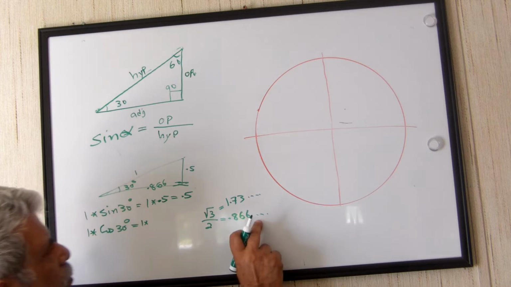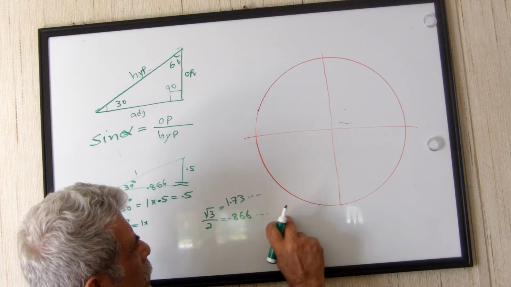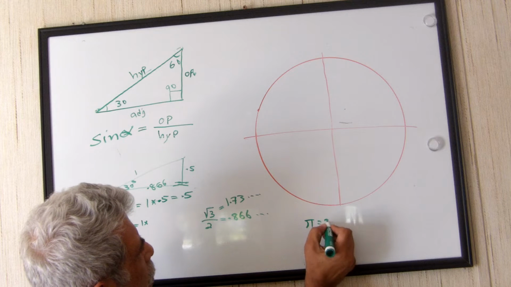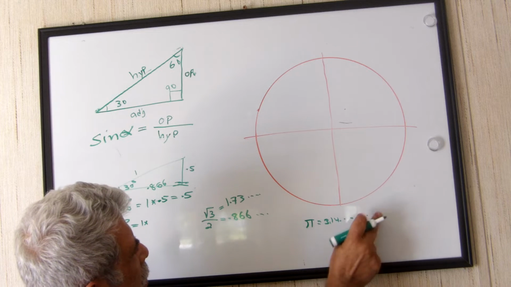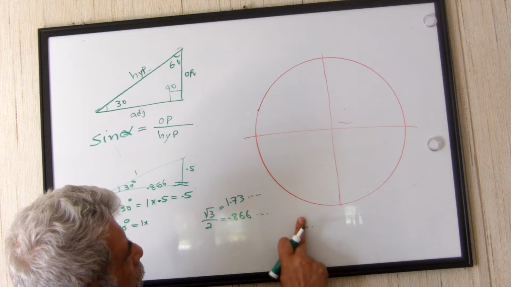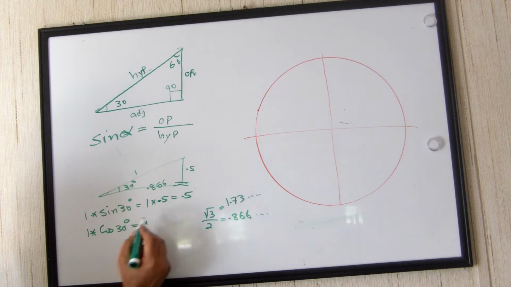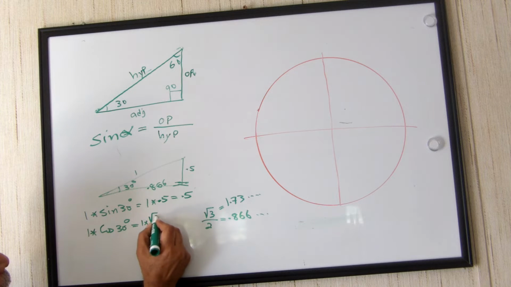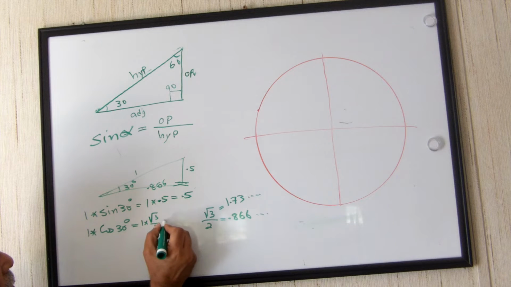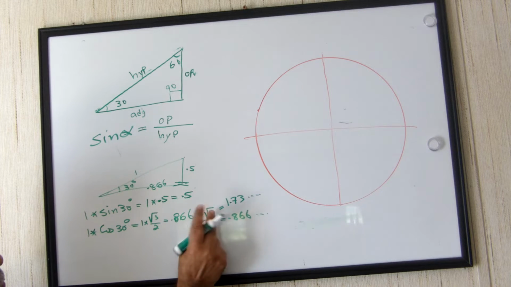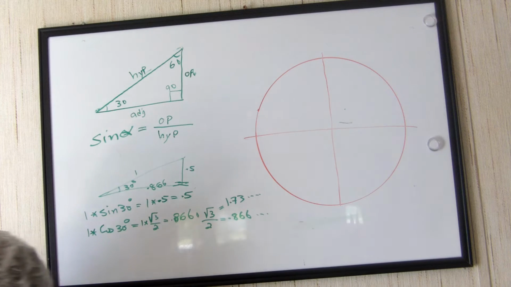It just continues, every time a different number, like pi, 3.14 and something. So the cosine of 30 degrees is the square root of 3 divided by 2, which is 0.866 and something.